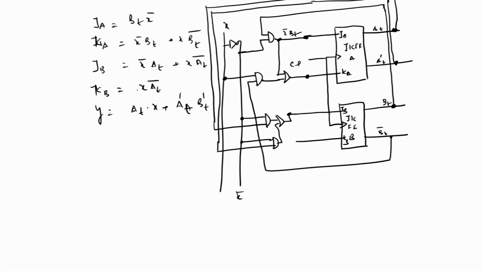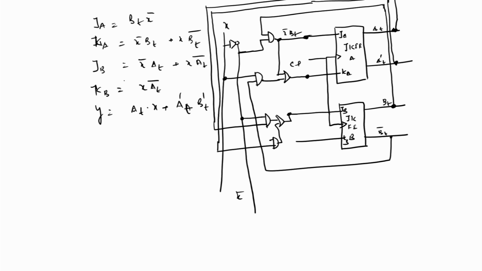This way JB is provided, and next is KB. KB is X into AT complement. This means the first input is X complement BT, and another is taken from here.